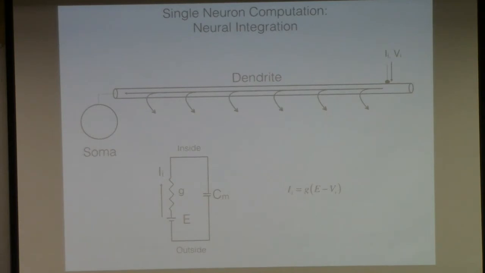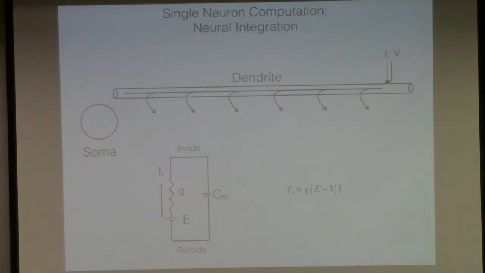Okay, so that's really all there is to compartmental modeling. It's conceptually very simple, very powerful. You give me a good quality image of a neuron and its dendritic trees. I can use this approach to generate a computational model of that neuron, and I can study how that neuron then processes information.